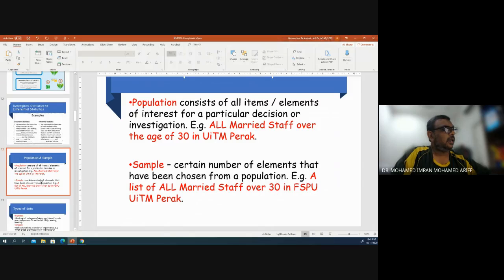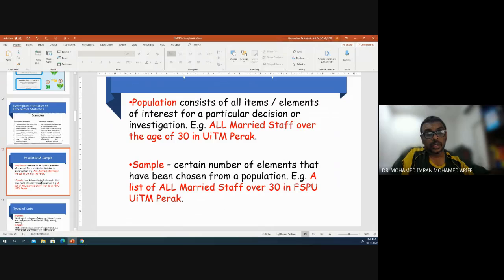Okay, now we go back to population tadi. Consists of all items and elements of interest of a particular decision investigation. All merit staff over the age of 30 in UiTM Perak. Okay, this is our population. Okay, sample, certain number of elements that have been chosen from the population. So population tadi ialah semua. Okay, sample kita ialah hanya staff FSPU.